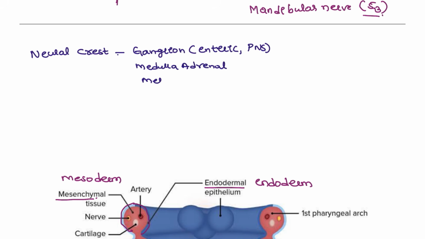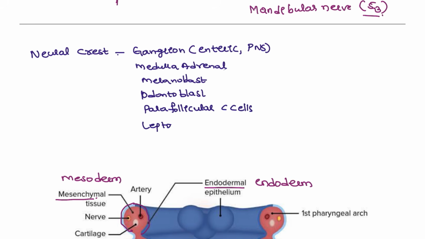And also we can say the melanoblast, and from the teeth, odontoblast. Especially there will be parafollicular C cells also coming from here, and leptomeninges, right? Dura mater, all this leptomeninges. And the other important one that you have to remember is the skull bones. All are coming from the neural crest cells only.